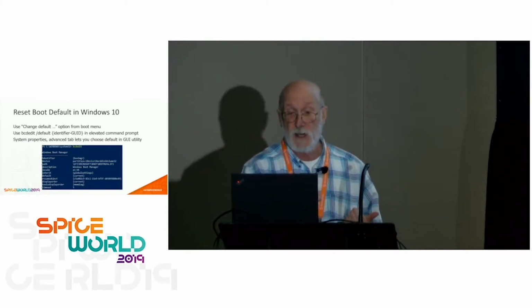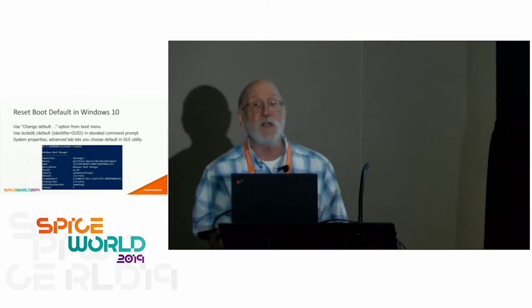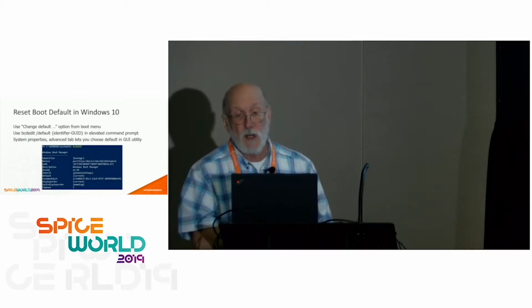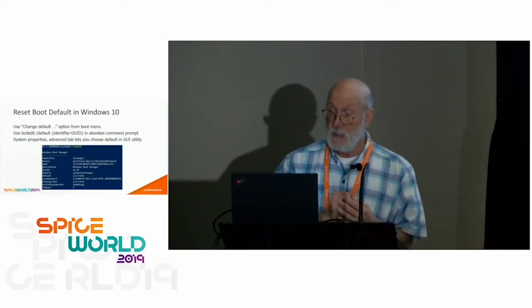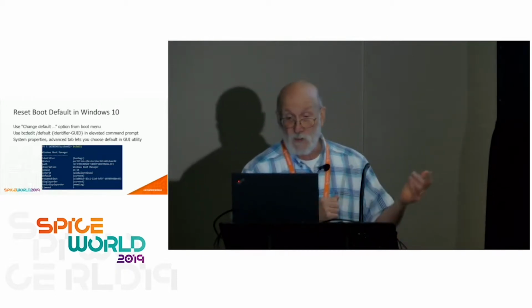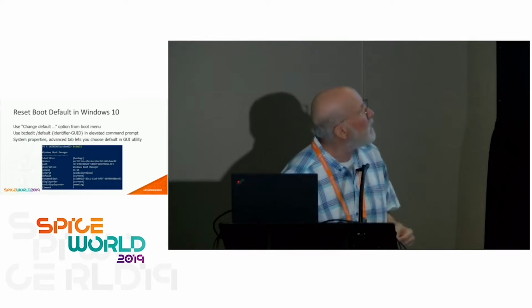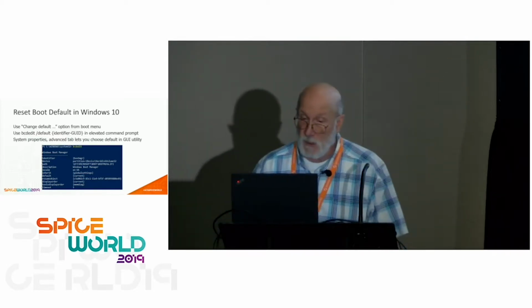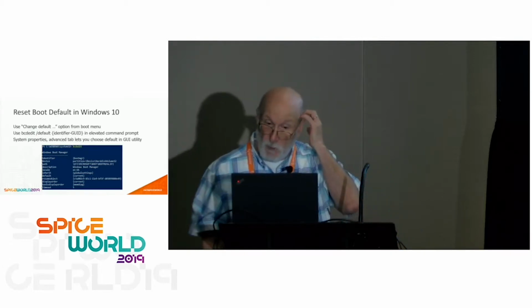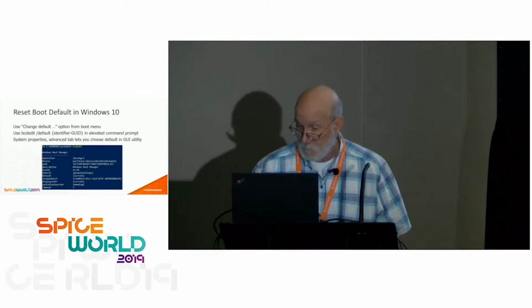And if you're a real command line junkie, you can use the BCD edit command to change the identifier that's associated with the default OS at the command line. And I just put a little bit of BCD edit text there on the slide so you could see that the identifier that we're talking about appears in the first line in the output for the various attributes of the boot objects.